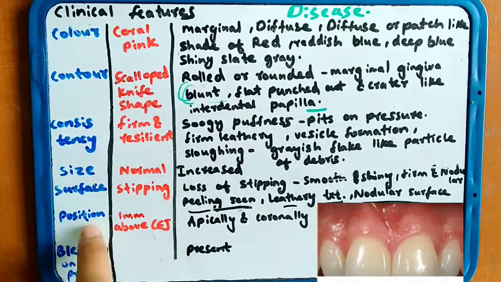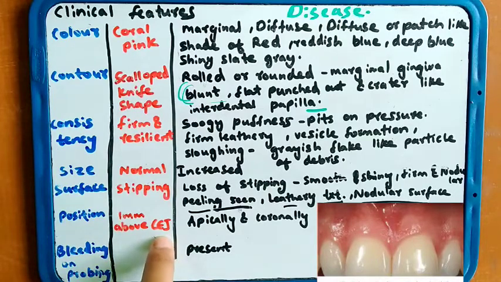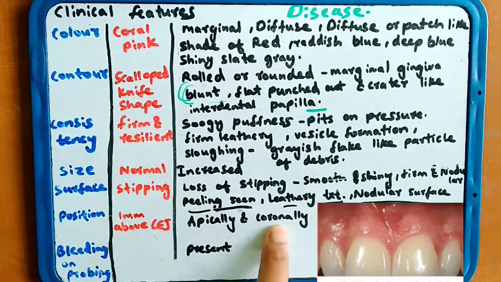Position: the healthy gingiva is 1 mm above the cemento-enamel junction. In gingivitis, it is apically and coronally placed; the gingiva will move apically and coronally.